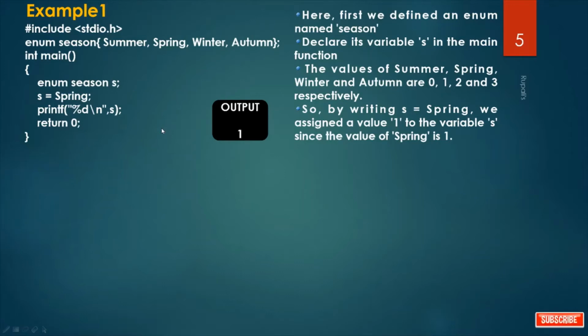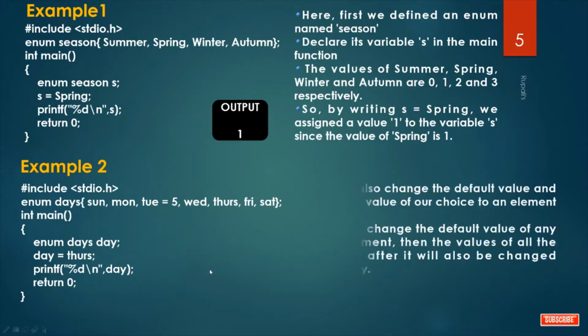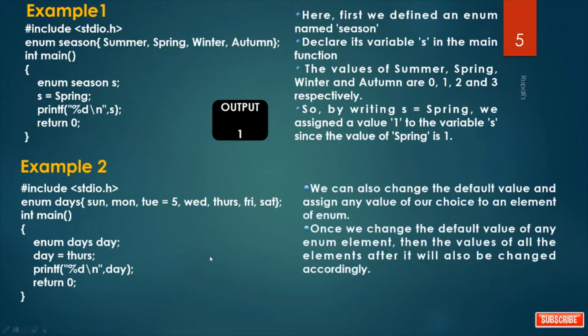Take another example. Now tell me what is the output of this program. Think for 5 seconds. See here. We can also change the default value and assign any value of our choice to an element of enum. By default, Sunday is 0, Monday is 1, Tuesday is 2, in this way. But we can change the default value.